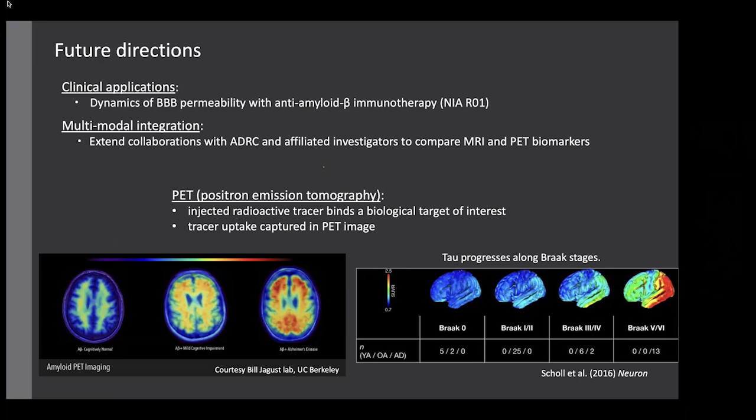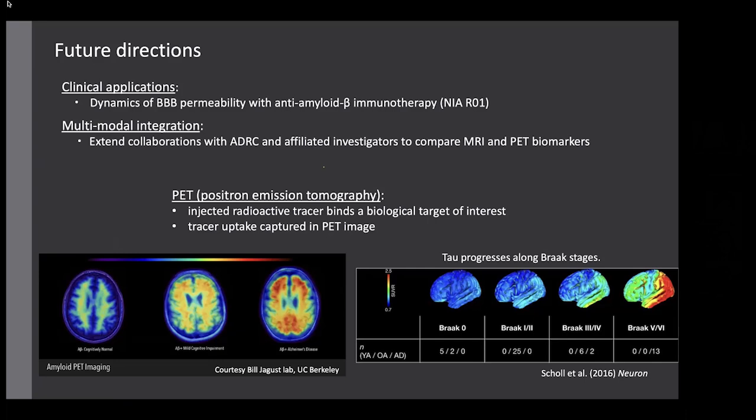And so I didn't have time to go into PET, partly because that's not what I focus on, so I'm not the expert on that, but just briefly, PET or positron emission tomography involves the injection of a radioactive ligand which binds to a biological target of interest, for example, amyloid or tau, and we can capture the amount of tracer that's taken up to create these images.